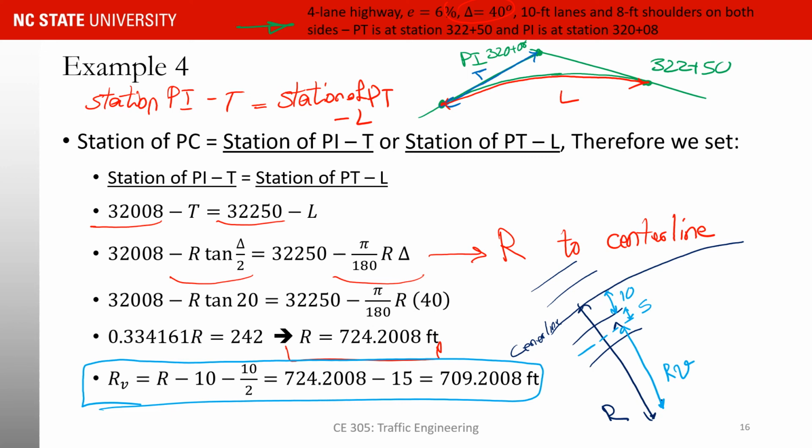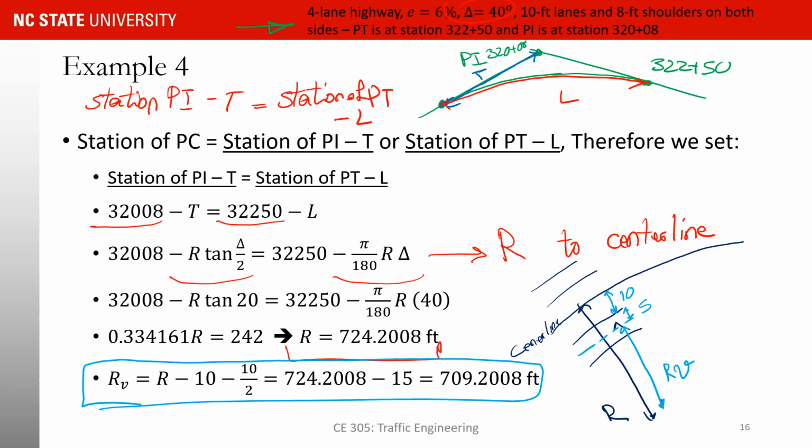And now we want to continue to find what is the maximum speed that a vehicle can go through and be safe on this horizontal curve. And there are really two main things that we need to consider. And I want you to think about it. So if you are driving on a horizontal curve, what are the things that are going to influence your speed?